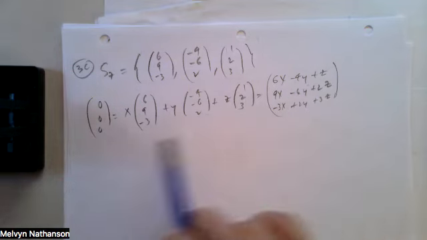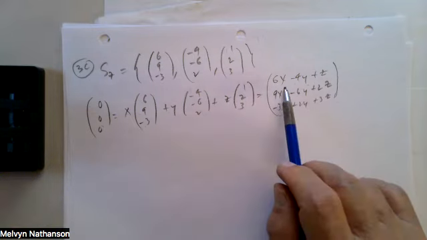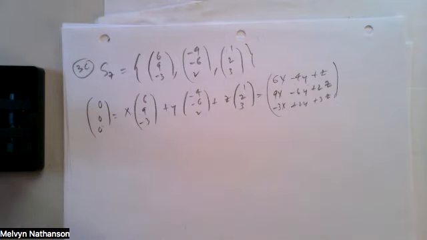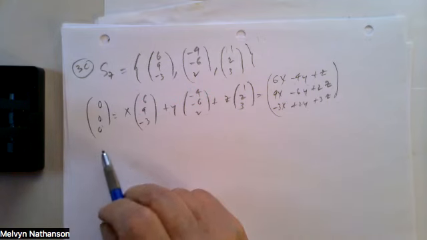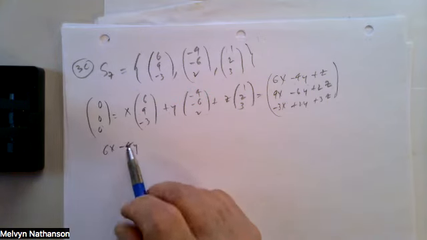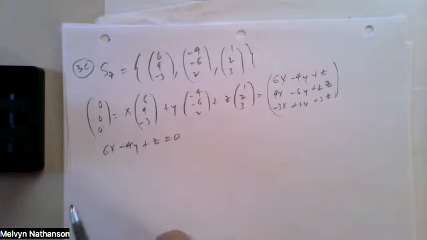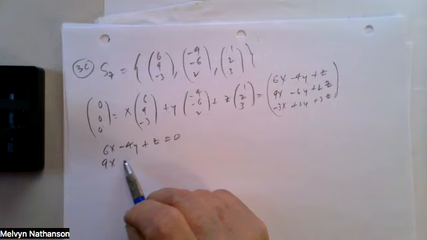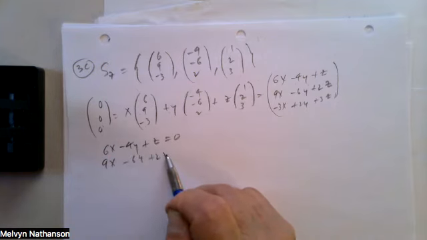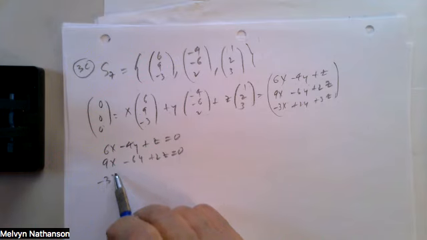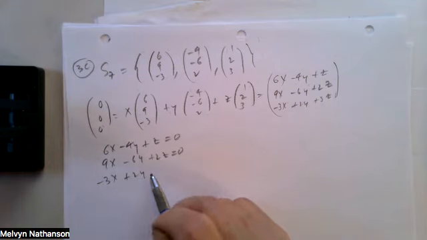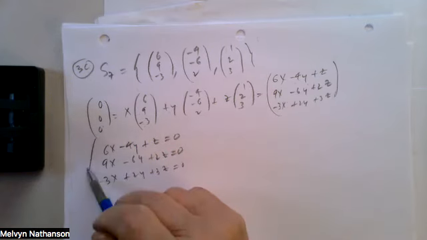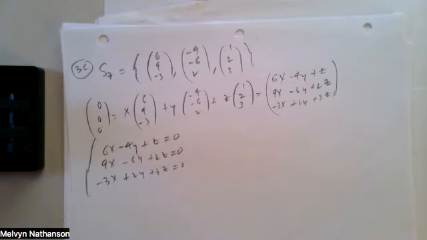So to say that this vector equals this vector is the same as saying (x, y, z) is a solution of the system of homogeneous equations 6x minus 4y plus z equals 0, 9x minus 6y plus 2z equals 0, minus 3x plus 2y plus 3z equals 0. So we're reduced to solving three equations in three unknowns.